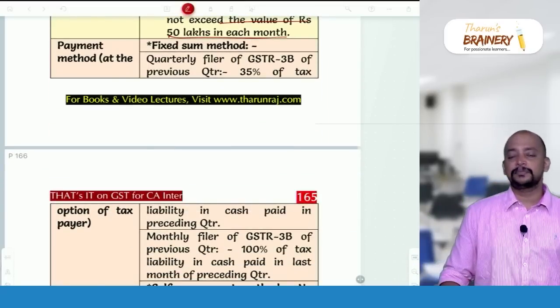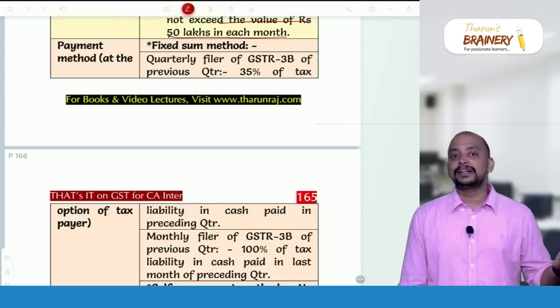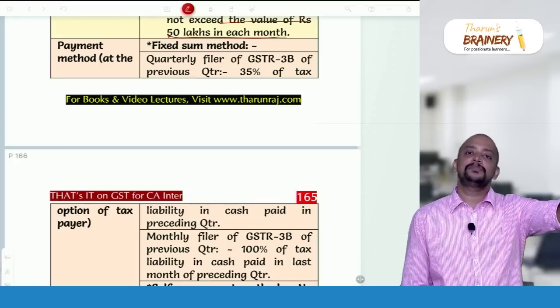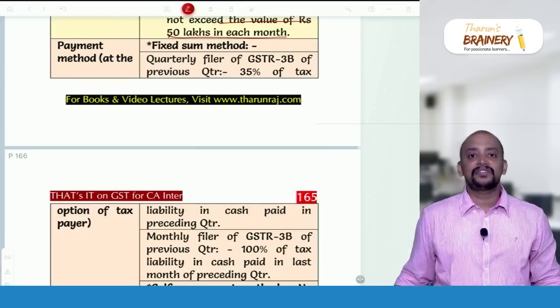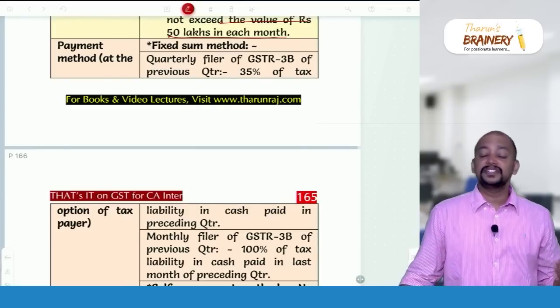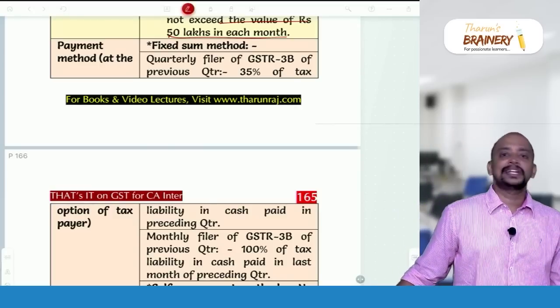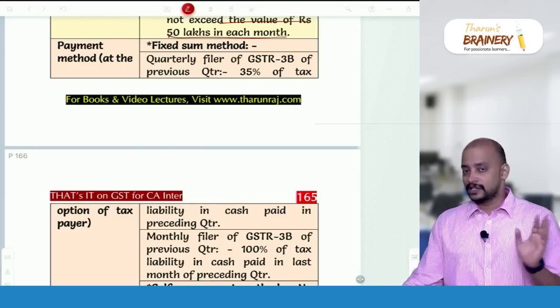Payment method, fixed sum method. Fixed sum method means we will see whether the 3B was filed monthly or quarterly previously. If the previous 3B was filed monthly, whatever is the net liability, that much 100% we will pay as fixed sum for the first and second month. If it is 3B which was filed quarterly during the previous quarter, then we will take 35% of the net liability and we will pay the 35% in the first and second month of the current quarter.